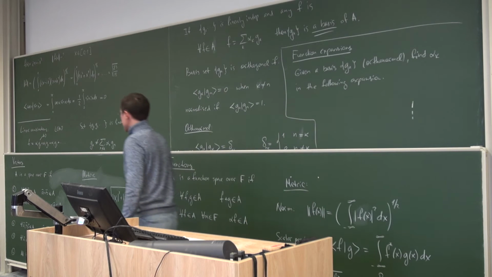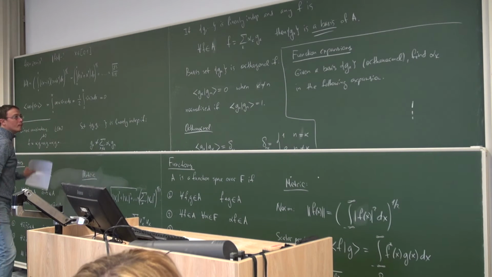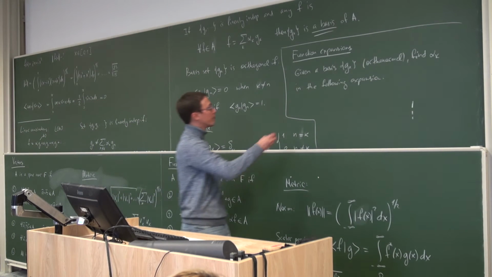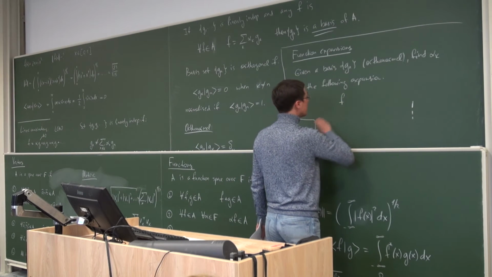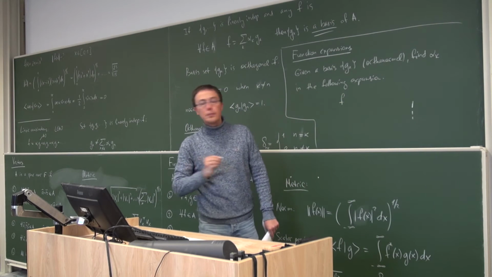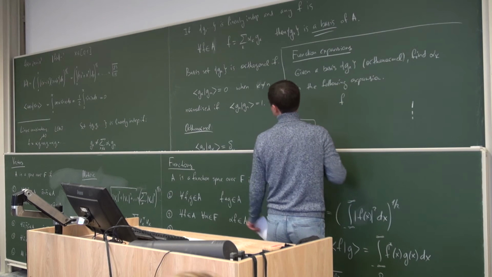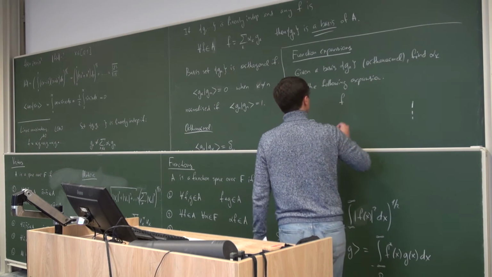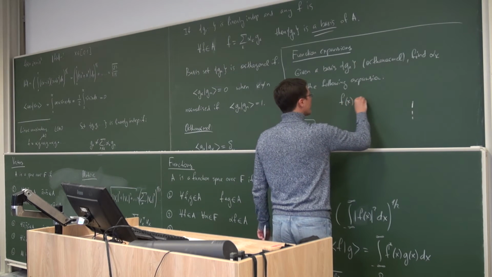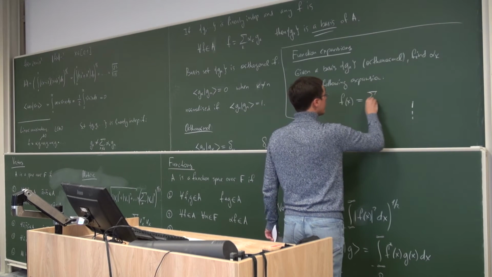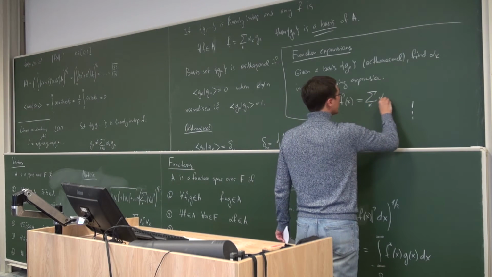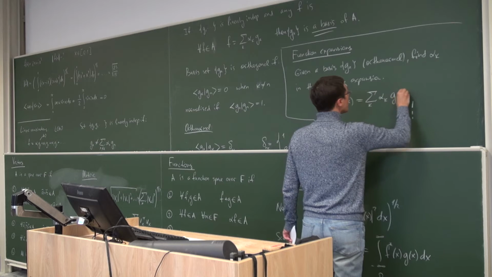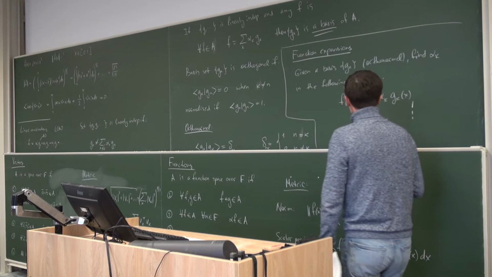And the expansion is exactly this. We will have f, for example, of x, but it could be of any number of variables, in which case all the integrals become multiple integrals. f of x is a sum over k of alpha k g k of x.